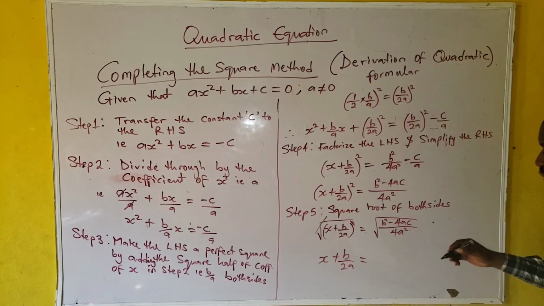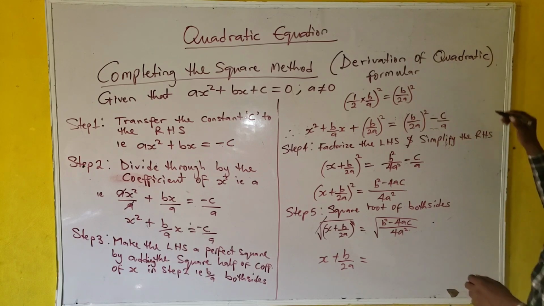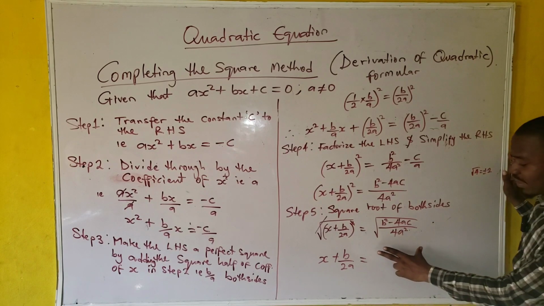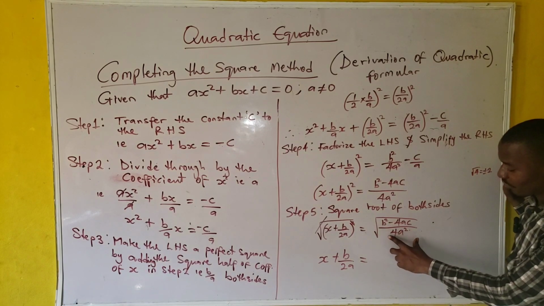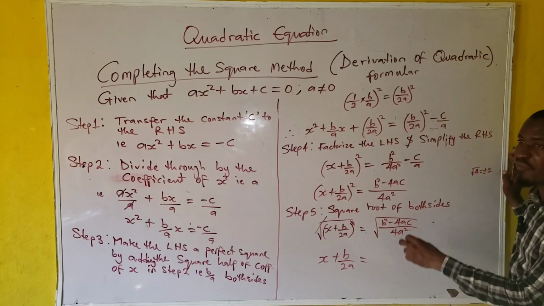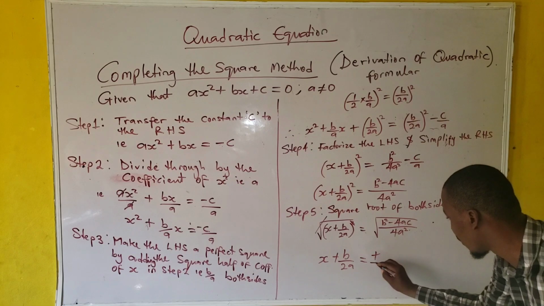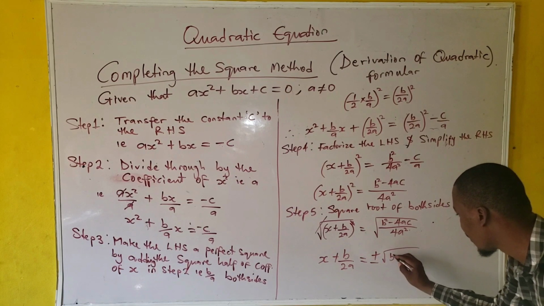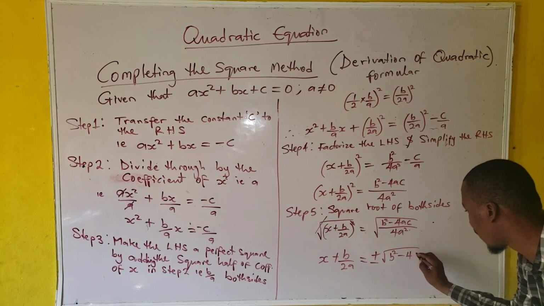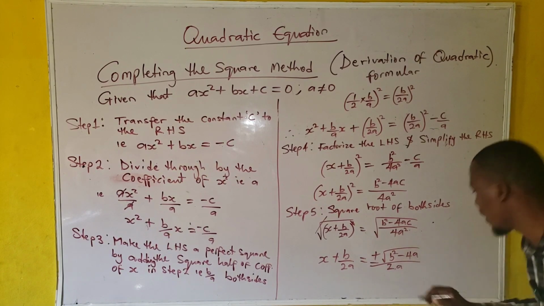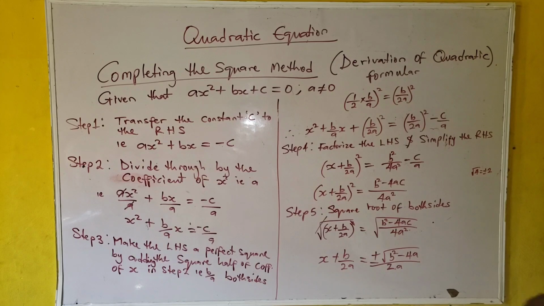And of course, whenever we take a square root of a number, if you take the square root of 4, you are going to have plus or minus 2 as your answer. So that is not exempted here. When you take square root of 4a square, you are going to have plus or minus 2a. So that will give us plus or minus square root of b square minus 4ac over 2a.